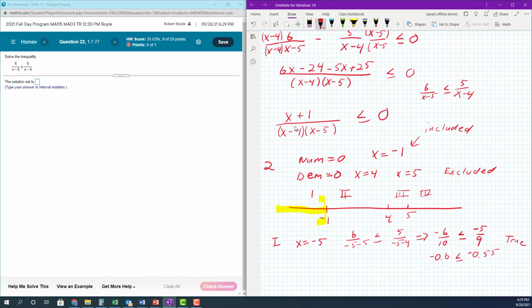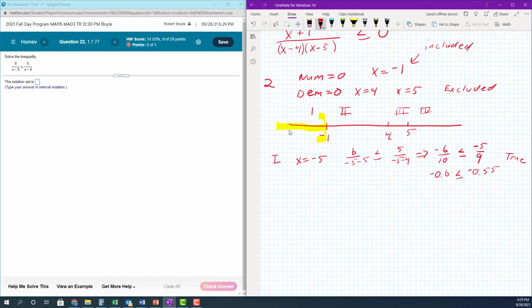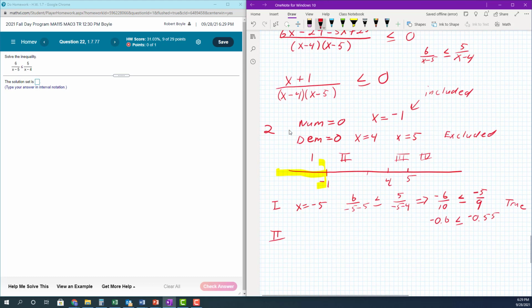Let's check on interval 2. Now notice that interval 2 goes through 0. So hey, let's use 0. If we do, we will have 6 divided by 0 minus 5, -5, is less than or equal to 5 divided by 0 minus 4, -4. This might be clear in decimal form.